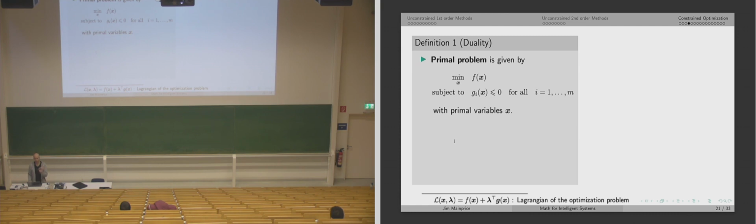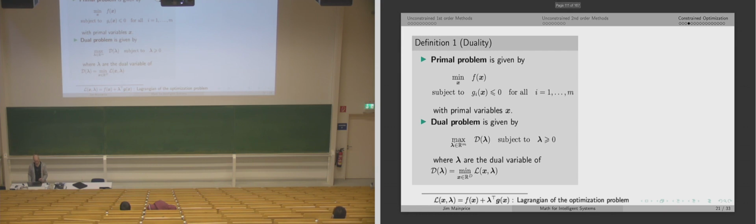Duality, and there are several notions of duality, especially there's weak and strong duality. Duality means that associated to that, we have something associated to the Lagrangian. And it's called the dual problem.